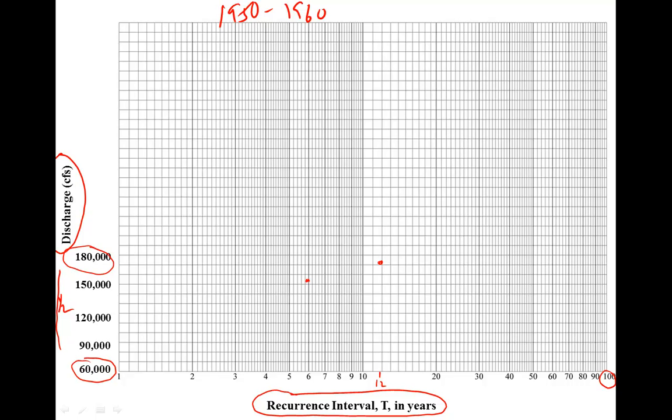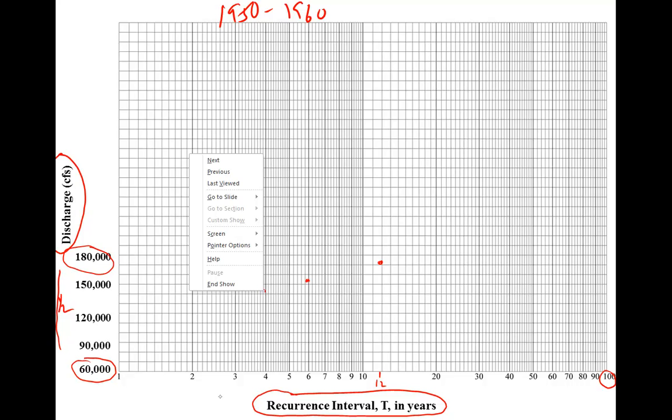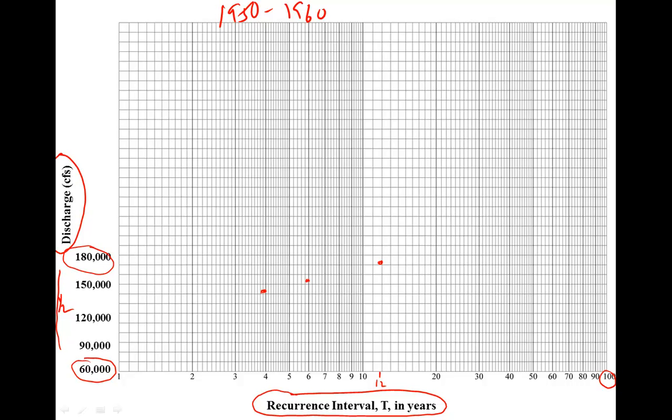The flood ranked 3, recurrence interval of 4, its discharge is 146,000 CFS, plotting around there, and so on. Flood ranked 4, recurrence interval equals 3 years, discharge 112,000 CFS. Flood ranked 5, recurrence interval of 2.4, has a discharge of 106,000 CFS. Recurrence interval 2 years, discharge 99,000 CFS.